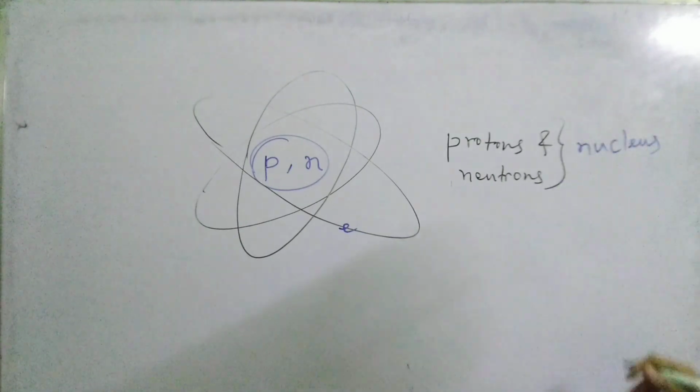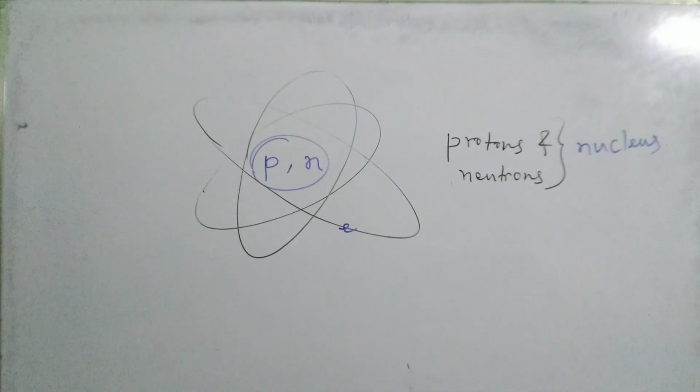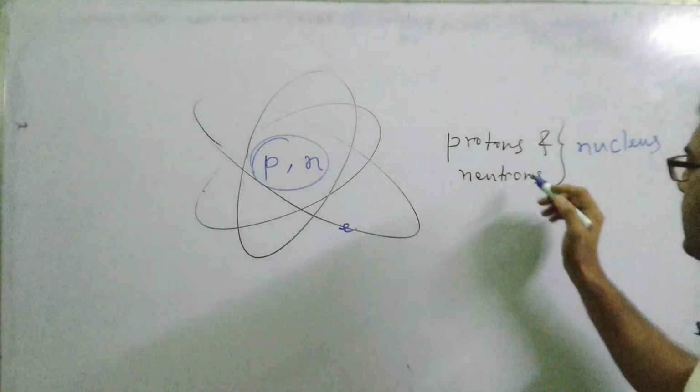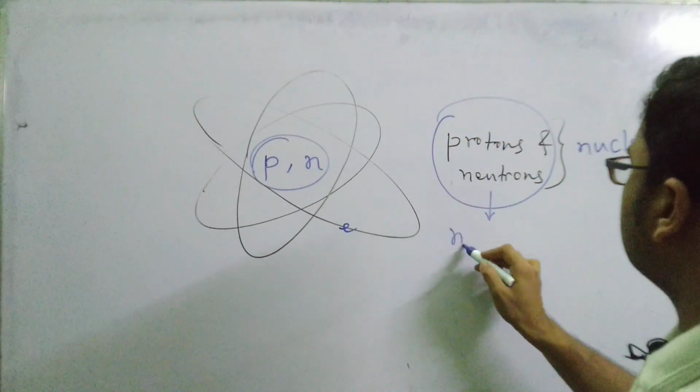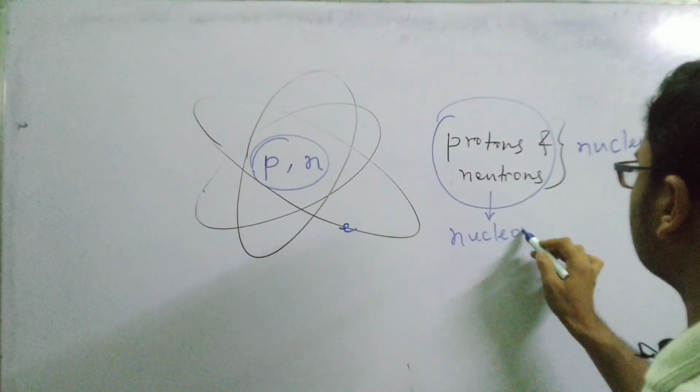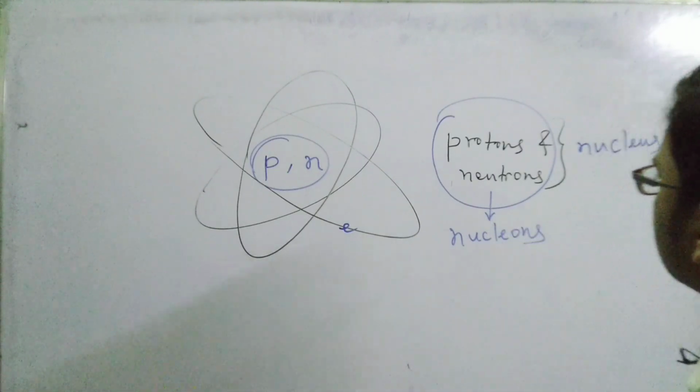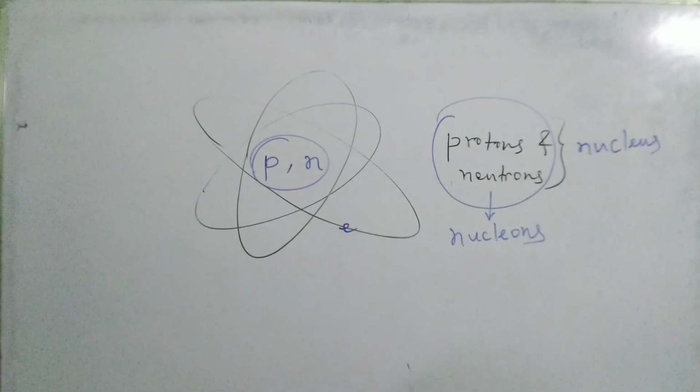The central region of the atom where the protons and neutrons are present together is regarded as the nucleus. The protons and neutrons together are called the nucleons. So is it clear? Together they are called the nucleons.